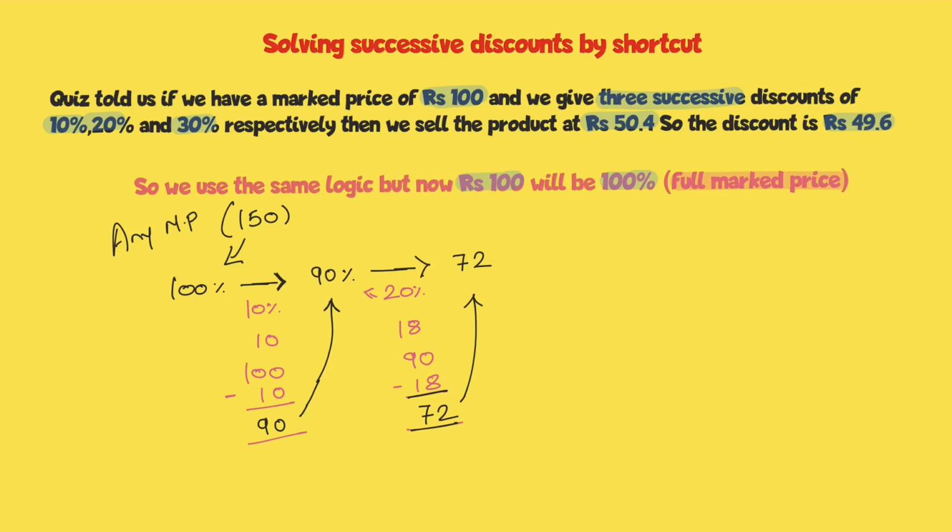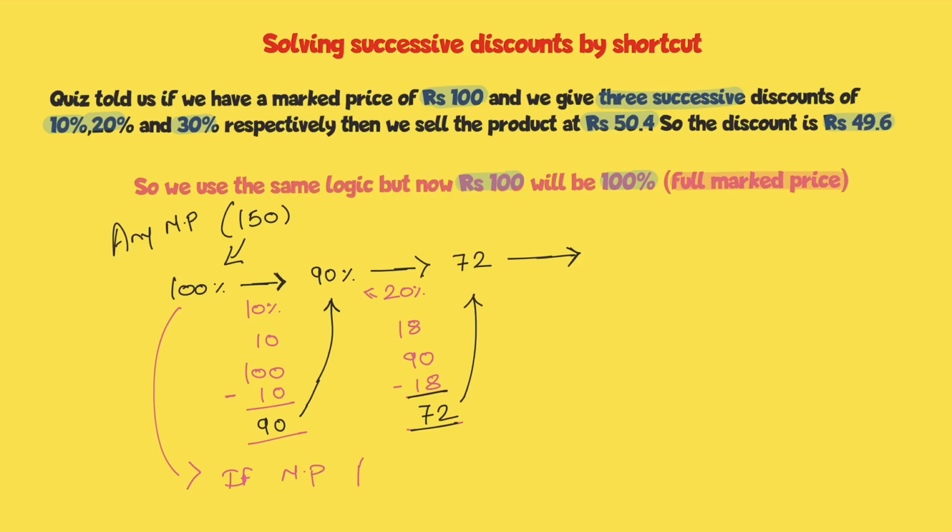We are doing the same thing here that we did with rupees 100, but now we are thinking only in terms of percentage. The mark price which was 100%, only 72% of it is left.